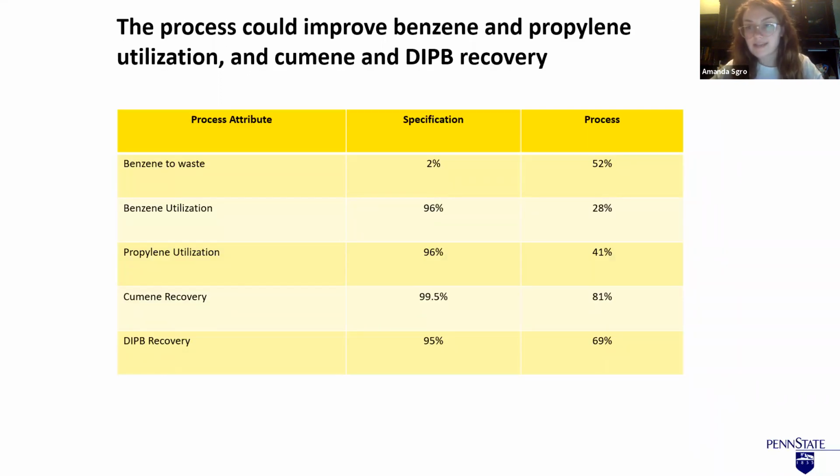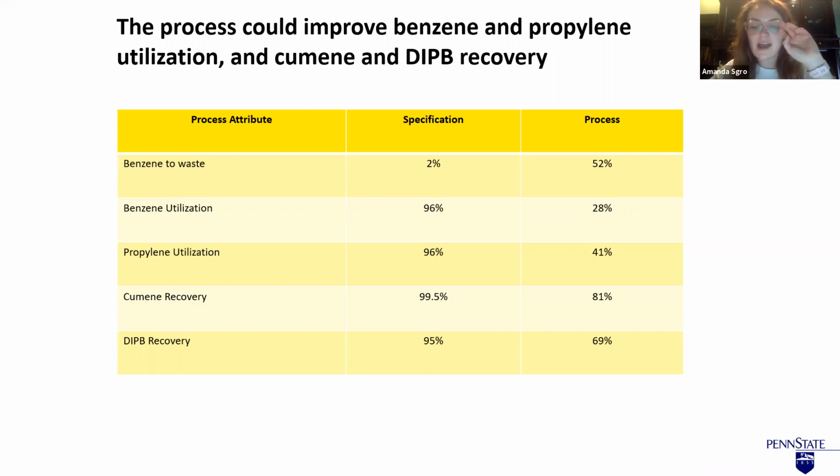While we were successfully able to meet the capacity and purity for the plant, some soft specifications were not met, which are listed in this table. The current design has a high percentage of benzene going to waste and poor benzene utilization in the reactor, which is only 28%.